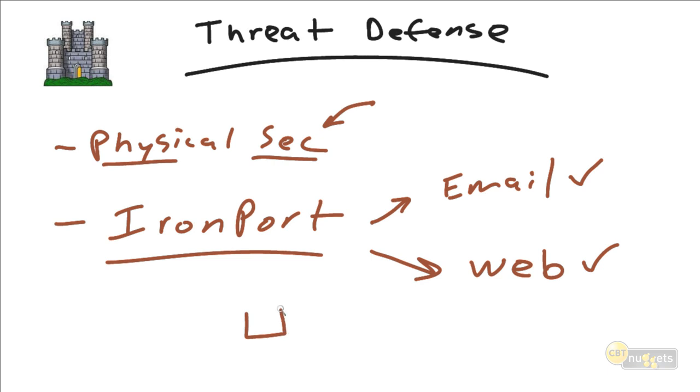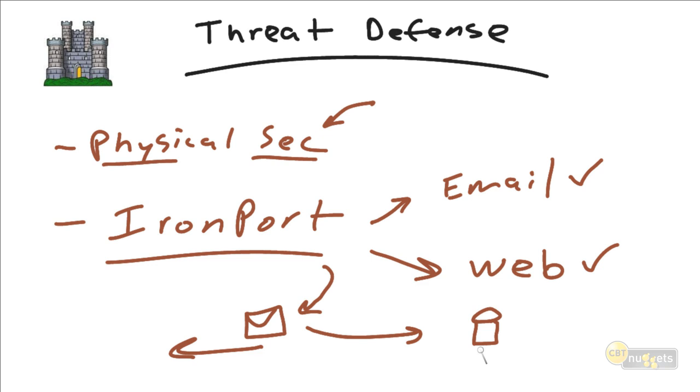Yep, so email is coming into your organization. The IronPort device says, let me look in this email. And of course, it's respecting the privacy of the communications and stuff like that. It's just looking at it from a security perspective. And then it checks a database of everything that is suspect with email, either contents that are proven to be a virus or a worm, and also who's sending it.